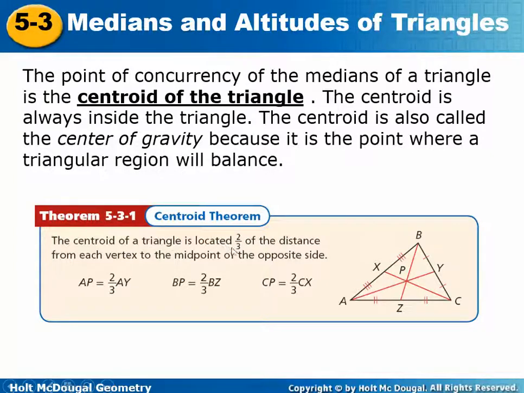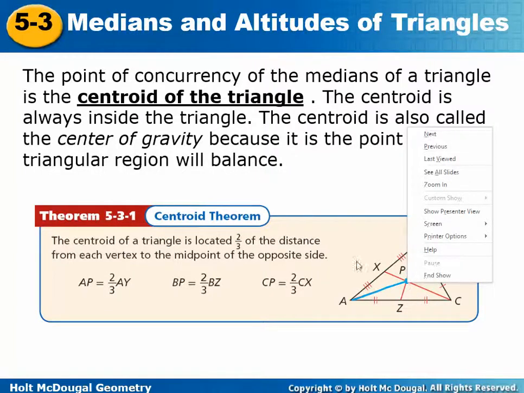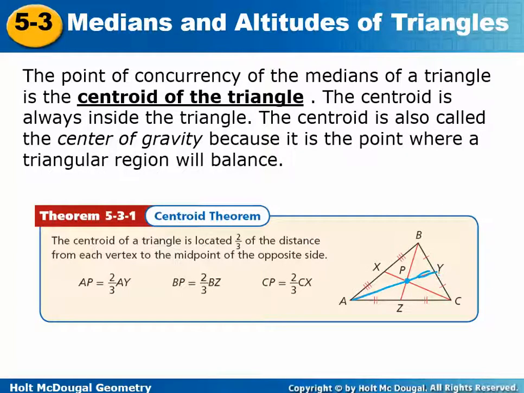The centroid is 2/3 of the distance from each vertex to the midpoint on the opposite side. Let me show on this picture what that means. Okay, so here let's draw the one median I'm going to do in blue instead of red. From the vertex to the midpoint of the opposite side, this centroid right here essentially is 1/3 of the way from the midpoint and 2/3 of the way from the vertex.